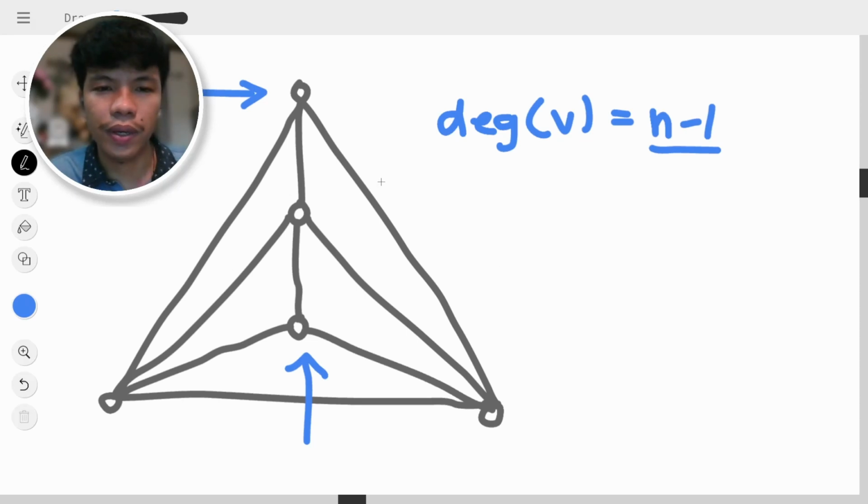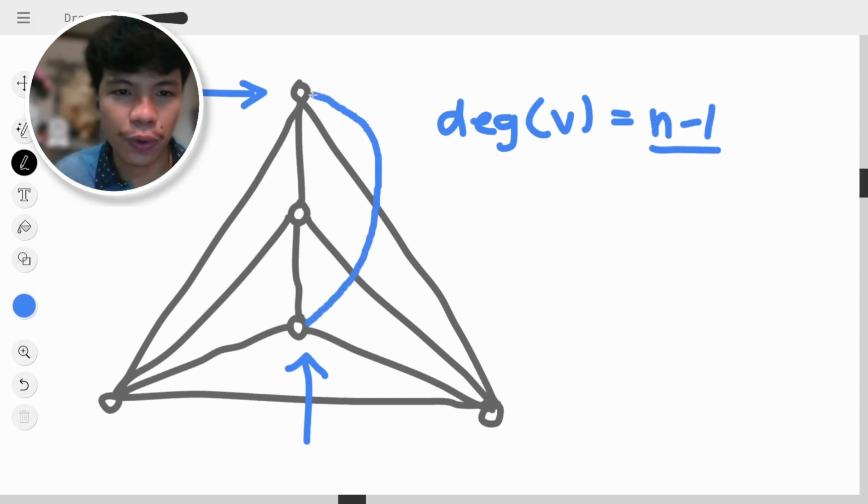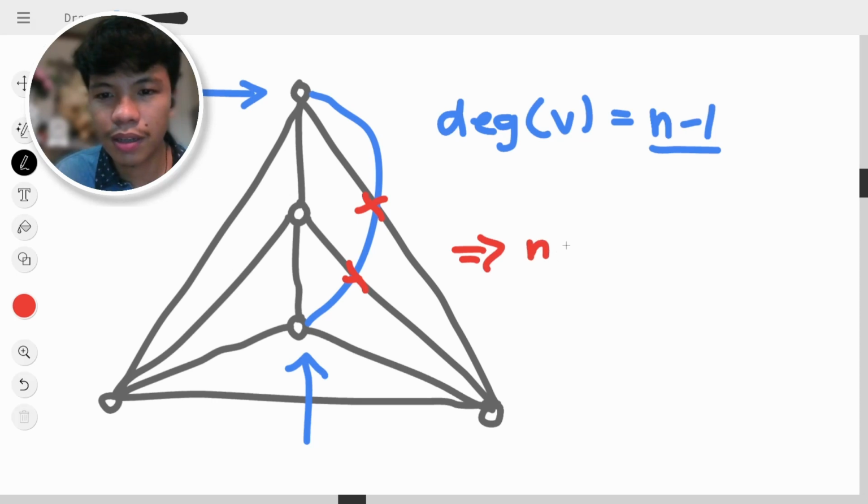So we exclude the vertices with degree n minus 1, since we are looking for vertices that are non-adjacent. So here we have this one and this one, which are non-adjacent. By the definition, if we try to make them adjacent, the edge will cross, which will make it a non-planar graph.